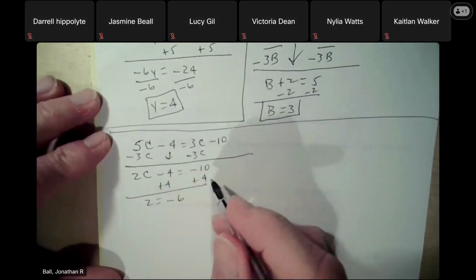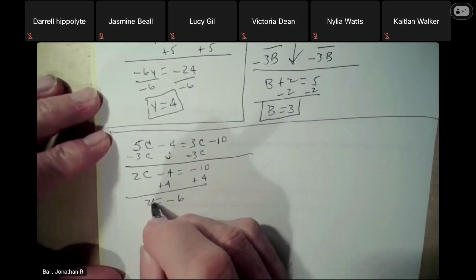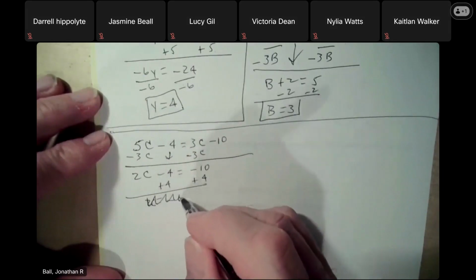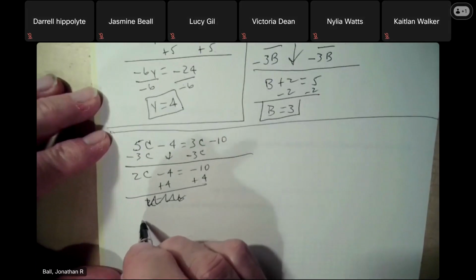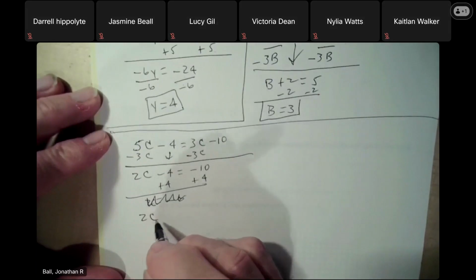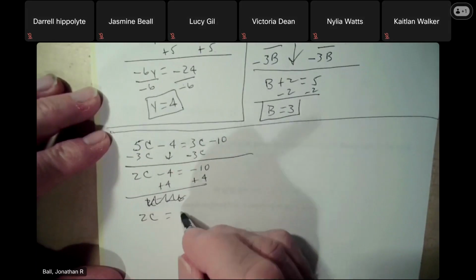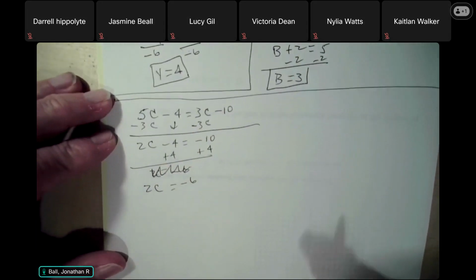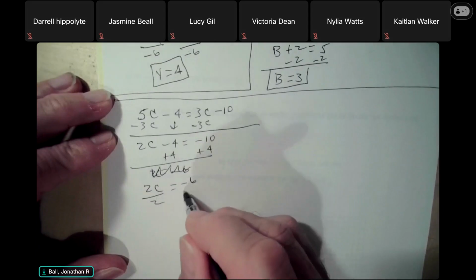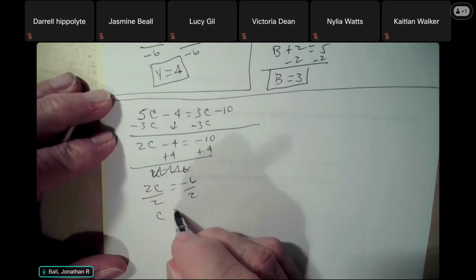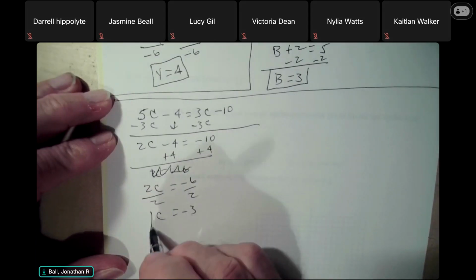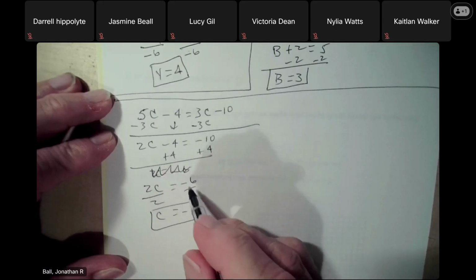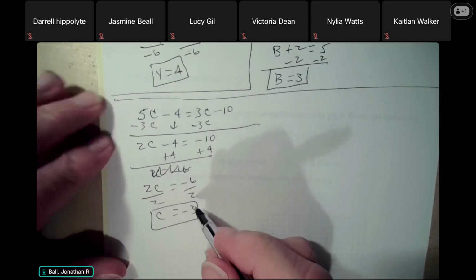Negative 6. 2c, bonehead, 2c equals negative 6. Divide by 2, divide by 2, c is negative 3. Negative divided by a positive is a negative.